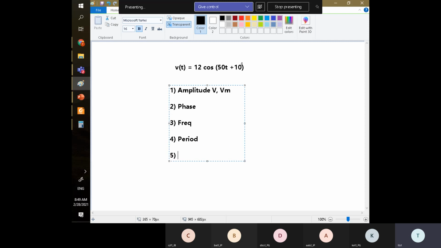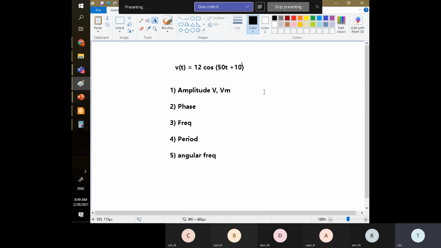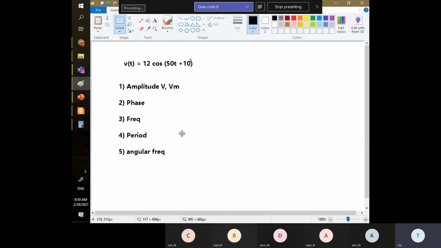Also, the last one is to find the angular velocity. They call it angular frequency. Okay, I give you about 2 minutes. You can try yourself. When I come back, I'm going to show you the answer here. So take this one as a practice to convert this format to find all the details from this equation.